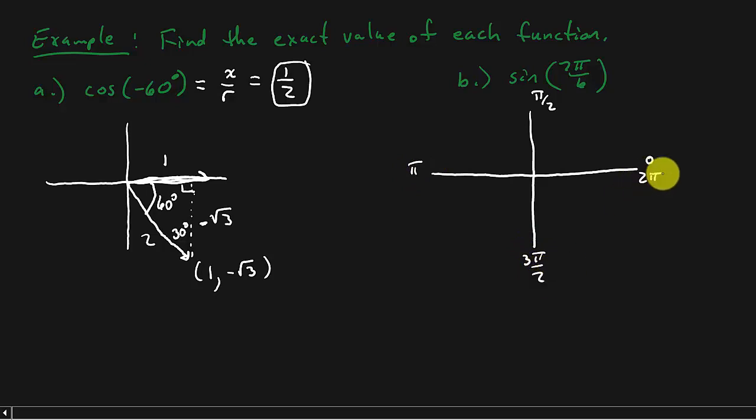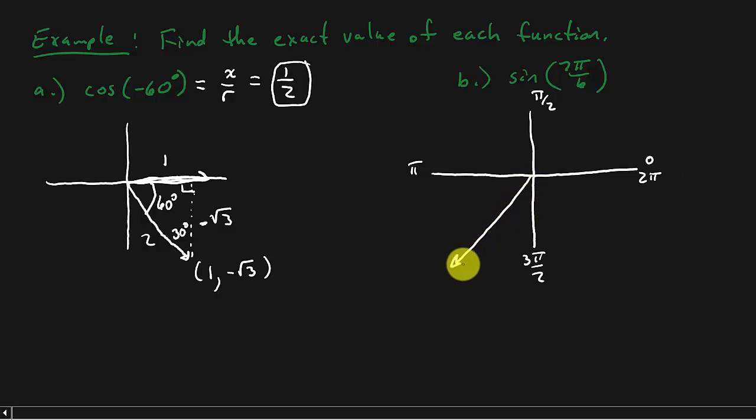All right. So, where do we draw that? Well, you could, if you wanted to, do 7 times 180 and then divide that by 6. Convert it from radians to degrees. That's 210 degrees. And so we know 210 degrees is in the 3rd quadrant.